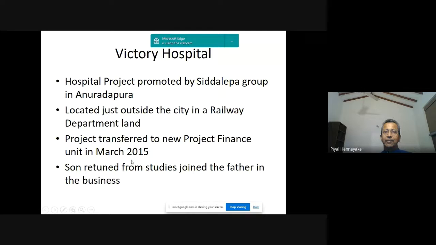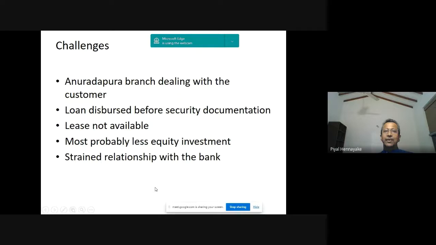Right? So the project was transferred to new project finance in March 2015. The son returned from studies and joined the father in the business. Right. And the Anuradhapura branch was dealing with the customer, and the manager was doing everything the customer was telling, because the customer's level was higher than the manager's, and the loan was disbursed before security documentation.